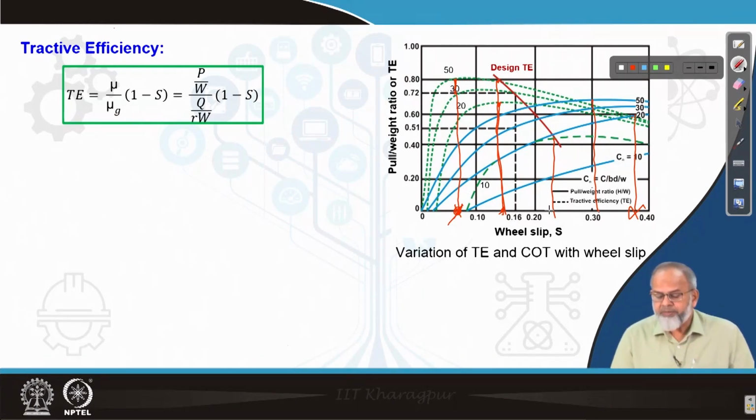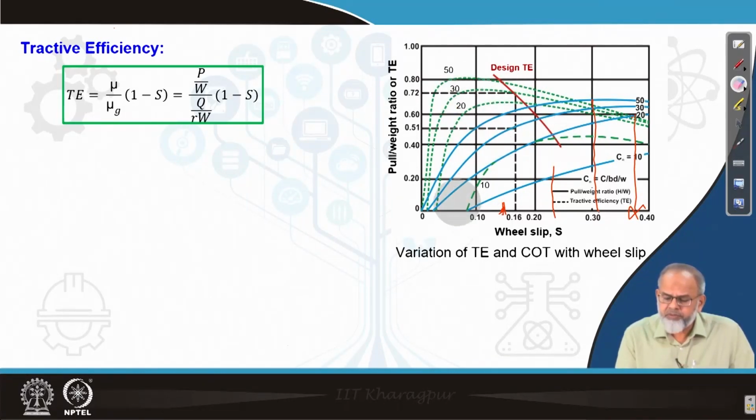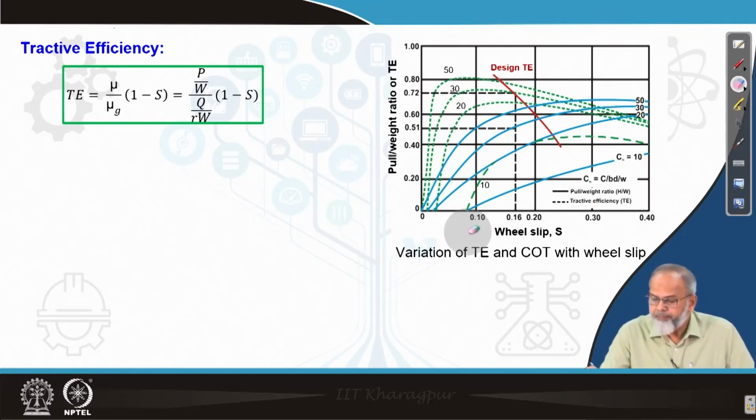So you have to find out a suitable slip value to make a compromise between the tractive efficiency and the COT. But nevertheless, the equations which are developed by Wismer and Luth are very simple in the sense only 2-3 parameters are required to compute the performance parameters of a wheel.